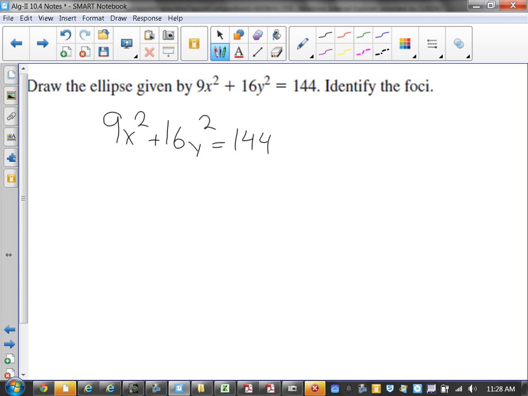And I want to make it look like an equation for an ellipse. Our equations of ellipses have it equaling 1. Do you agree? So how do I turn a 144 into a 1 without subtracting 143? Divide by 144. Good. So all you do is you divide everything by 144.